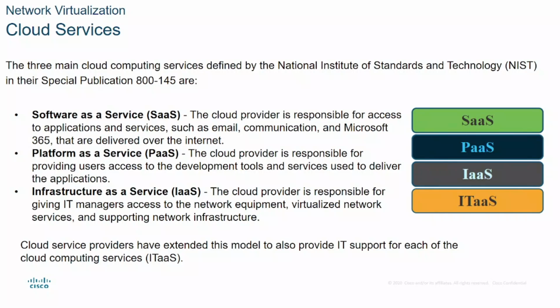So the cloud provider is responsible for giving IT managers access to network equipment, virtualized network services, and supporting network infrastructure. So this is where cloud infrastructure comes in. Things like AWS, Microsoft Azure, GCP. Alright. So cloud service providers have extended this model to also provide IT support for each of the cloud computing services.